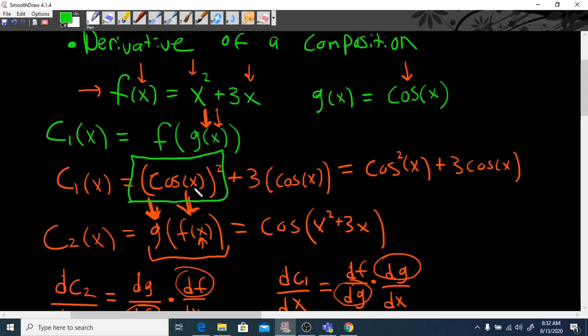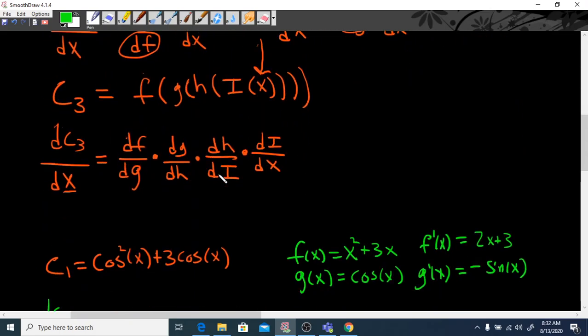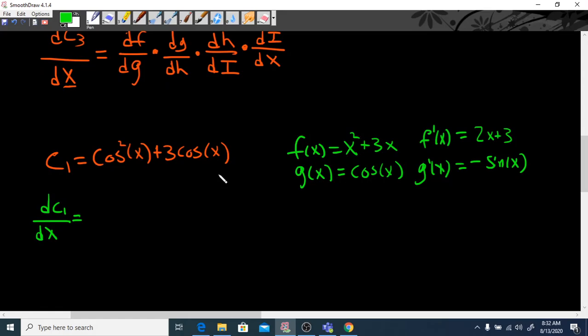So the thing to remember here is that cosine squared, this guy, is sort of an abbreviated version of this one. This notation is preferable when we're taking these derivatives because it emphasizes the fact that the 2 here, the square, is on the outside. Okay? So the outermost function for C1 is the square.